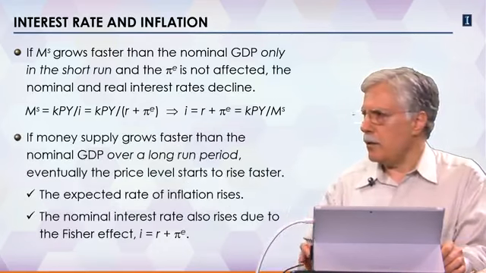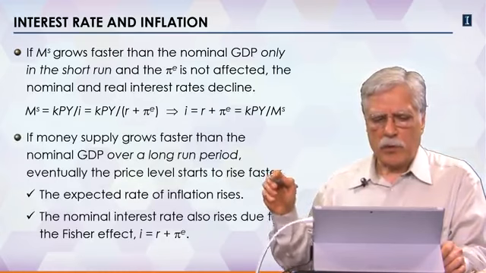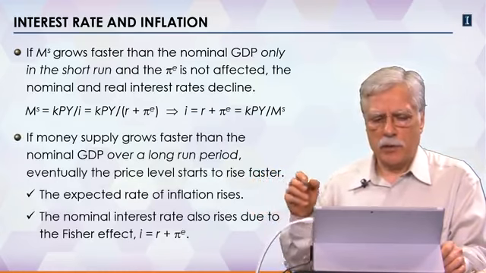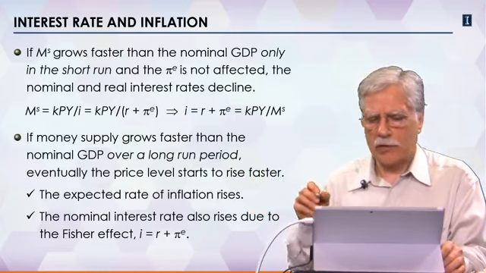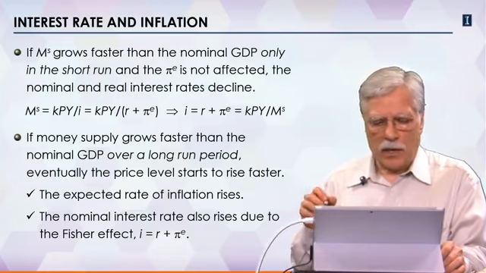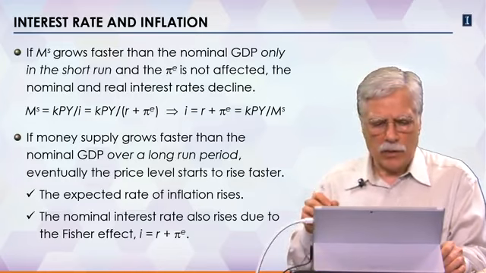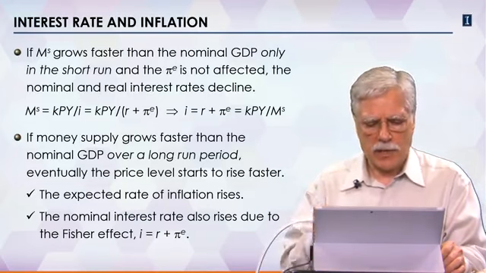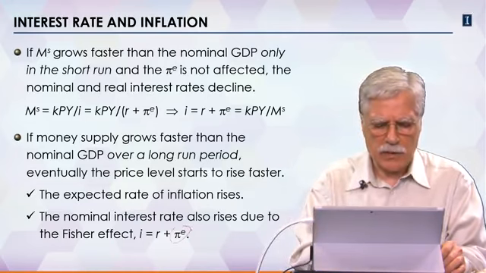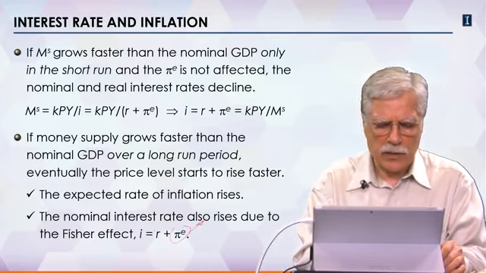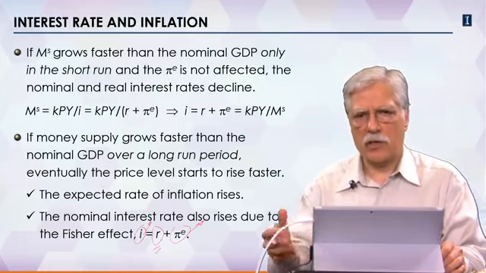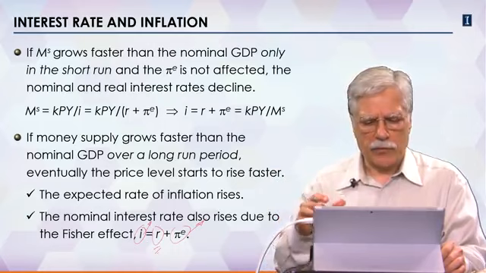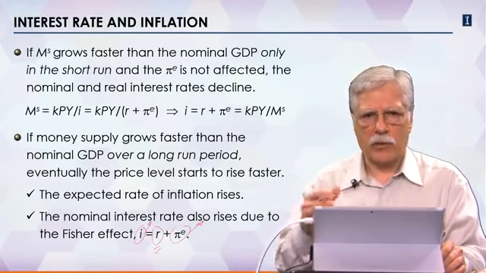On the other hand, if the money supply keeps growing faster than nominal GDP, the combination of price level and real GDP, in the long run, eventually expected inflation rises, and as expected inflation rises, we're going to see an increase in nominal interest rate because real interest rates are stationary. They keep going back and reverting to the range of 1 to 3%.